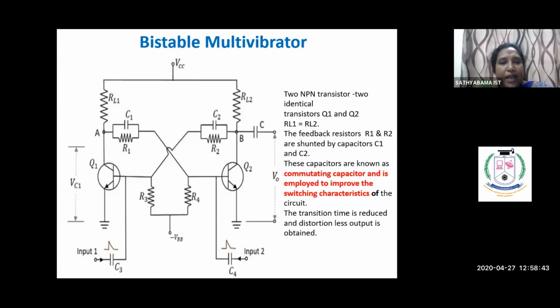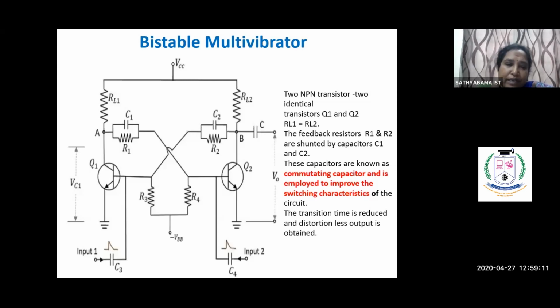Other than this, here we are going to take two stable states. Previously, in the monostable multivibrator, there was only one stable state, so we gave a single external trigger at the Q2 side. Now we are going to take two stable states, so we need two triggering pulses.